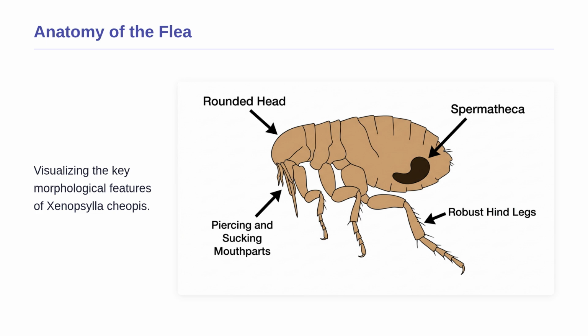Moving down from the head, you can see the specialized piercing and sucking mouthparts used for feeding on blood. At the back, observe the robust, elongated hind legs that allow it to jump massive distances relative to its size. Finally, look near the posterior end of the abdomen. That small, distinct, comma-shaped structure is the spermatheca, confirming this is a female specimen.